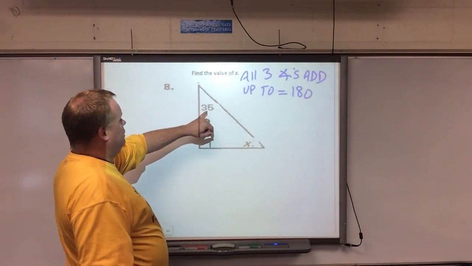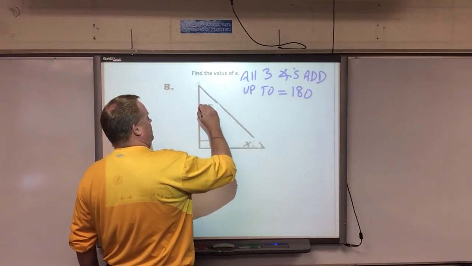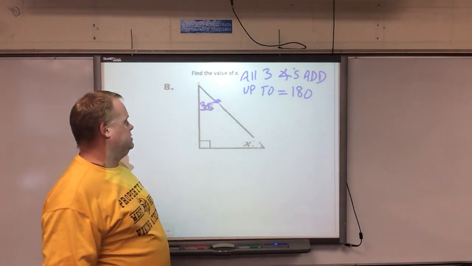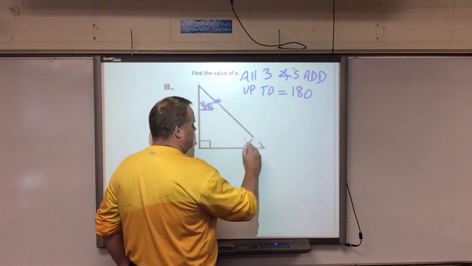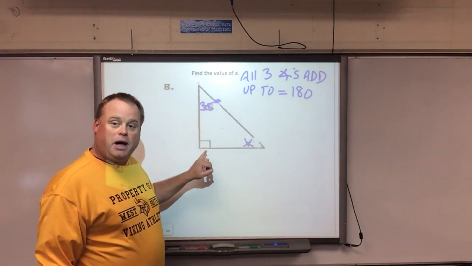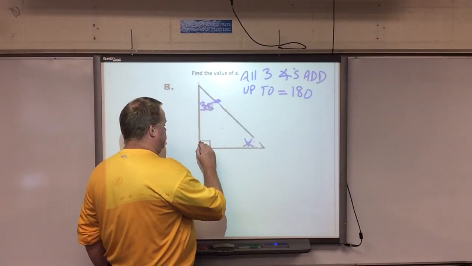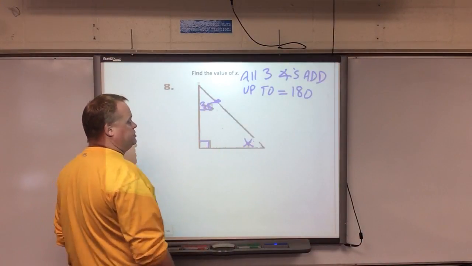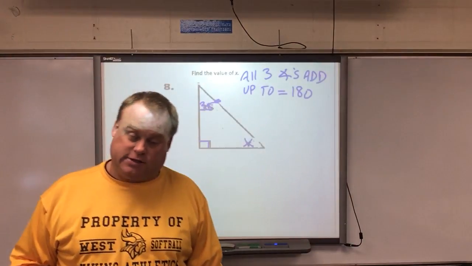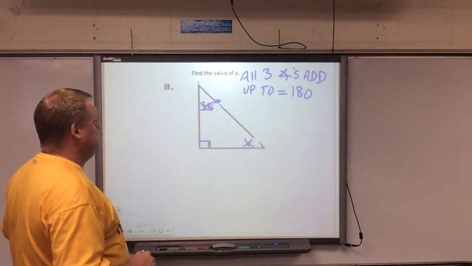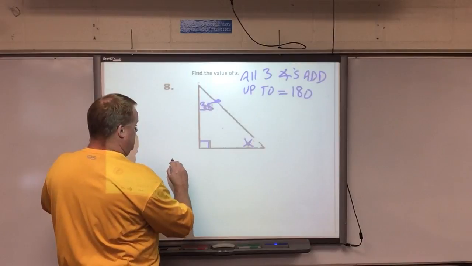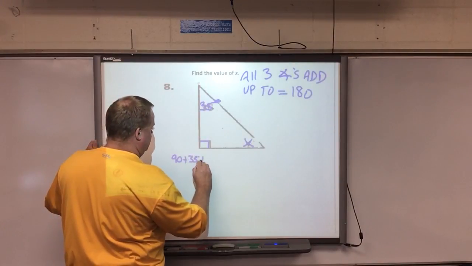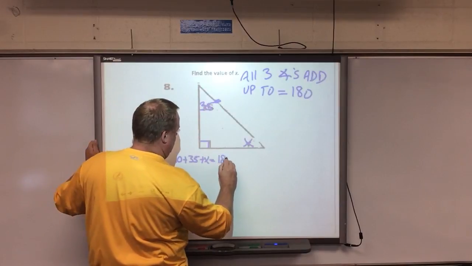So I look at this one. I've got a 35, and I'll write this, make it a little bit clearer. This is 35 degrees. I have an X right here. I don't know this one. And I have a box. Well, the box tells me 90 degrees. So I know that I can do this one of two different ways. I can go ahead and say 90 plus 35 plus X equals 180.